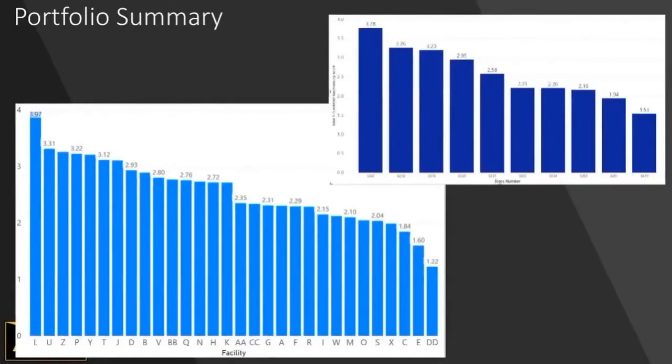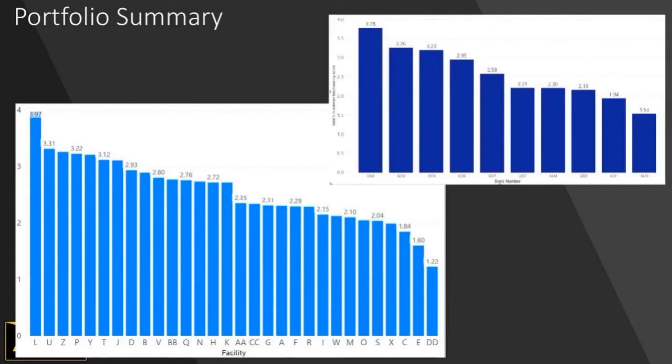So another portfolio example. When summarizing the portfolio, typically a quick comparison of condition scores is necessary to determine what the priorities are. A couple examples are shown here. The bottom example shows that facility L has the best condition at 3.97 and facility DD has the worst condition at 1.22.